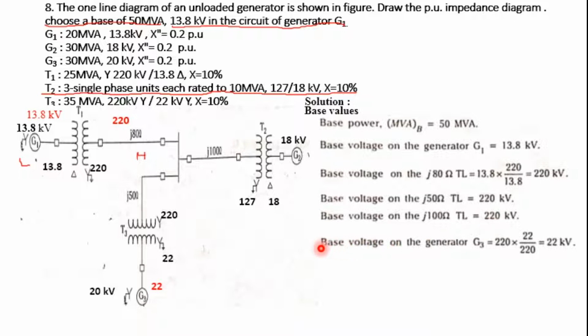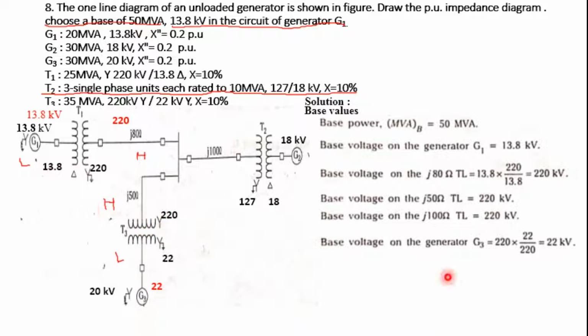Coming to the base voltage on generator G3, this part you can see here. Similarly, this is the LT side and this is the ST side. I want to calculate the LT value. LT is equal to ST into LT rating of the transformer divided by ST rating of the transformer.